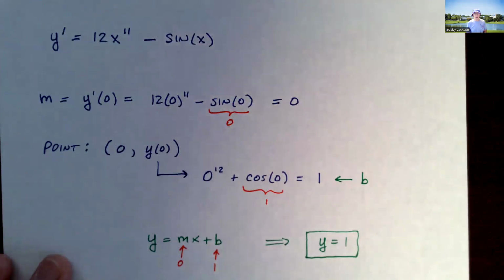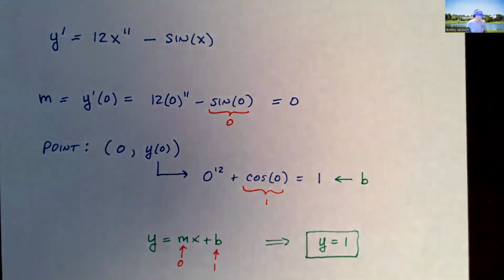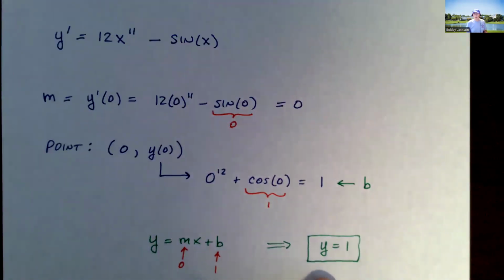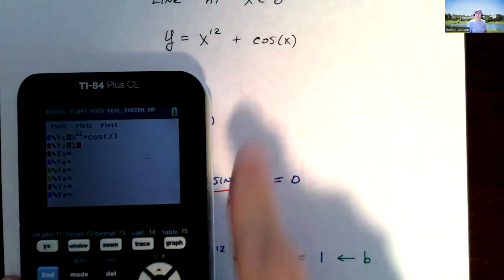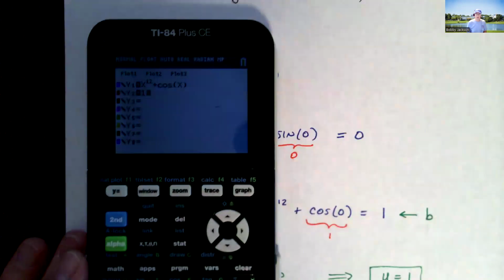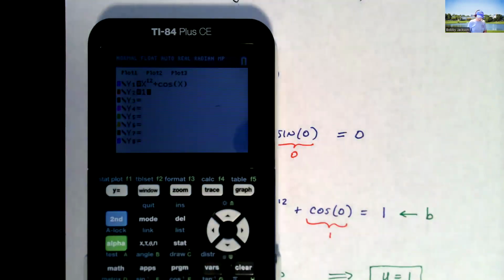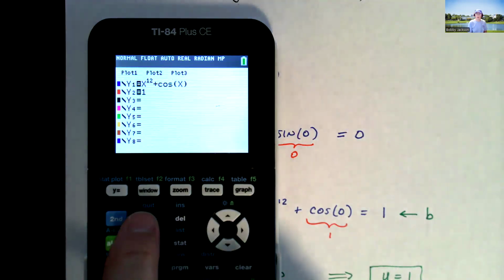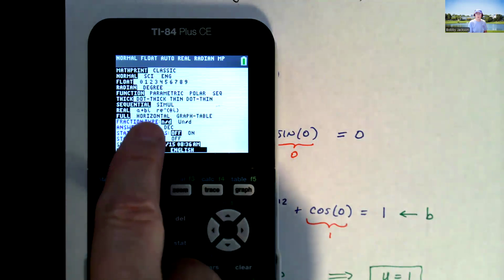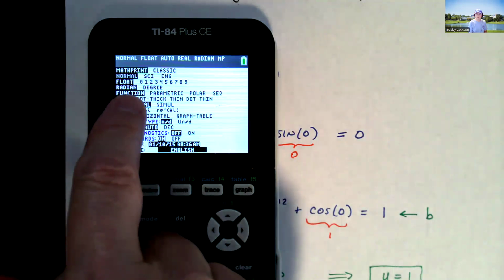And just as a check, we can confirm this information. y equals 1 is our tangent line, and the original function is x to the 12th plus cosine of x. And so I have that entered into the calculator here. And we just make sure that, since we're dealing with the trig function cosine of x, you're in radian mode, that's real important.